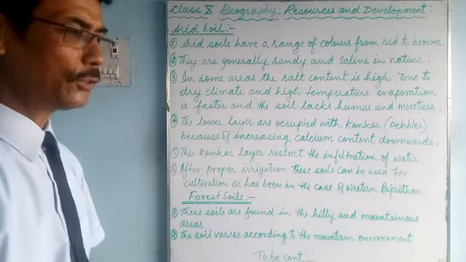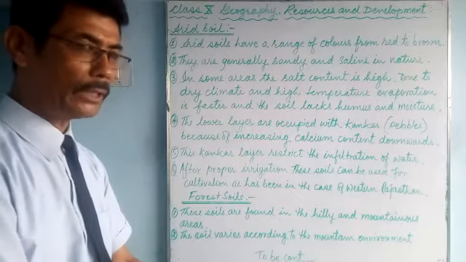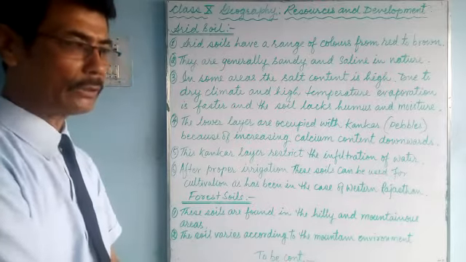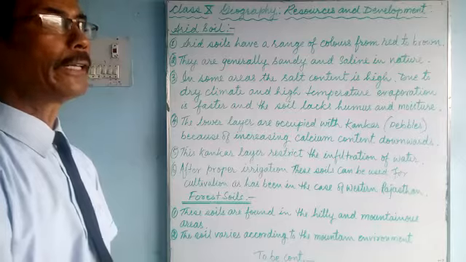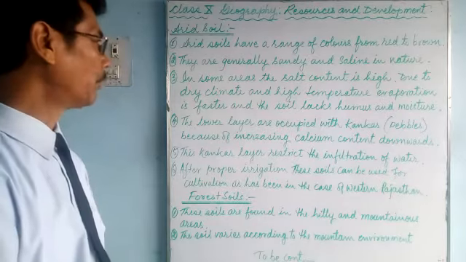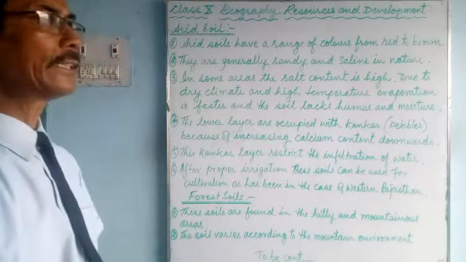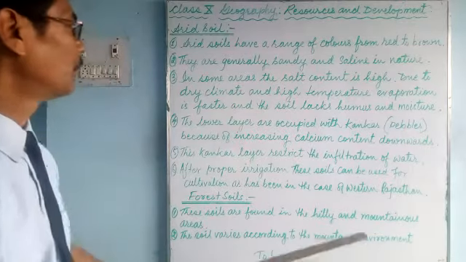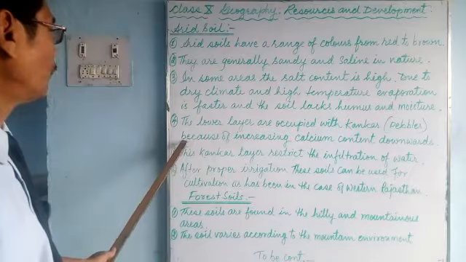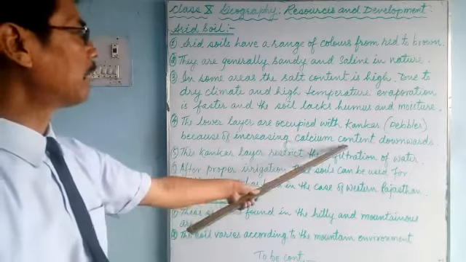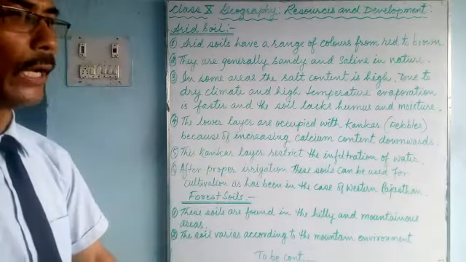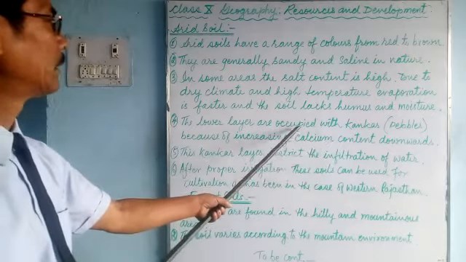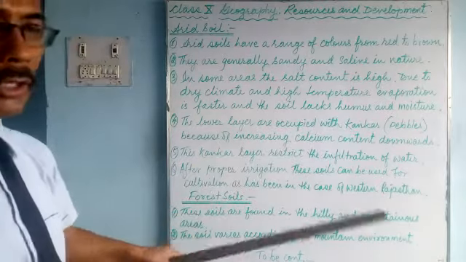In dry regions, as we dig deeper, you will find more calcium content, and this calcium content forms the pebbles, rocks, kankar. So because of increasing calcium content downwards in the soil, the lower level is occupied with kankar.